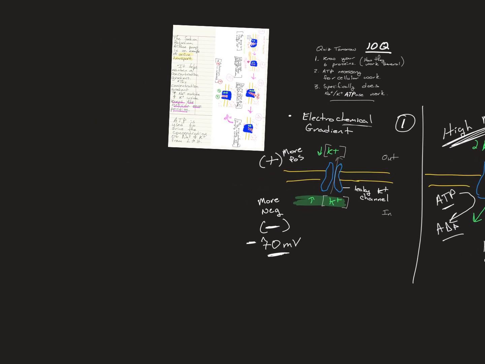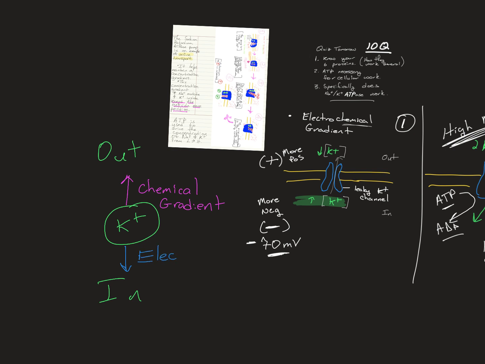That potassium ion, K+, sitting there, if this is inside and this is out, is being pushed in this direction because of the chemical gradient, and it's being pulled in the opposite direction because of the electrical gradient. The difference in charges, the negative charge.